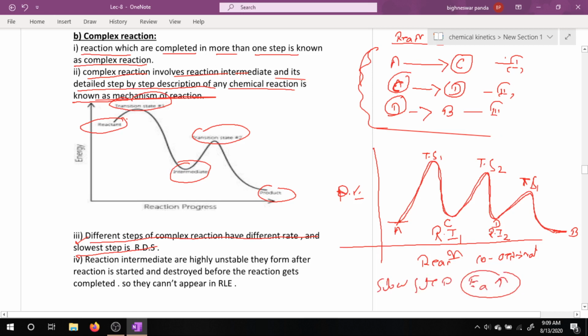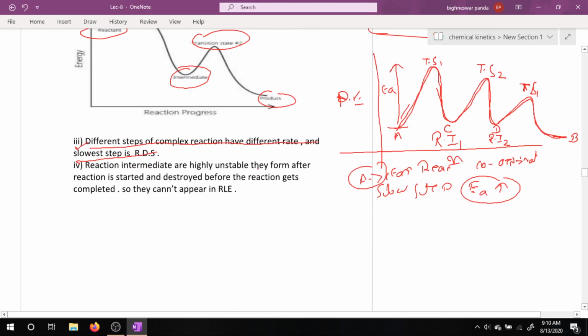If we consider this step, the activation energy is very high for A to C. As the activation energy for A to C is very high, we can observe that this is a slow reaction. So different steps of a complex reaction have different rates, and the slow step is the rate determining step. So A to C is our rate determining step.